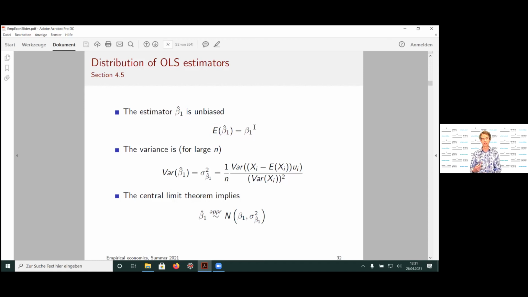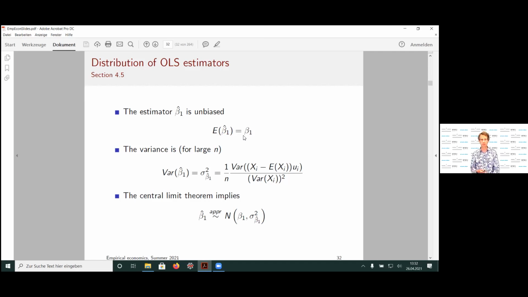So on average, averaged over all potential samples, our estimation procedure would yield the true value. Nice property, because it means that we already know that our estimation result is neither biased upwards nor downwards. Okay, so that's the expectation.